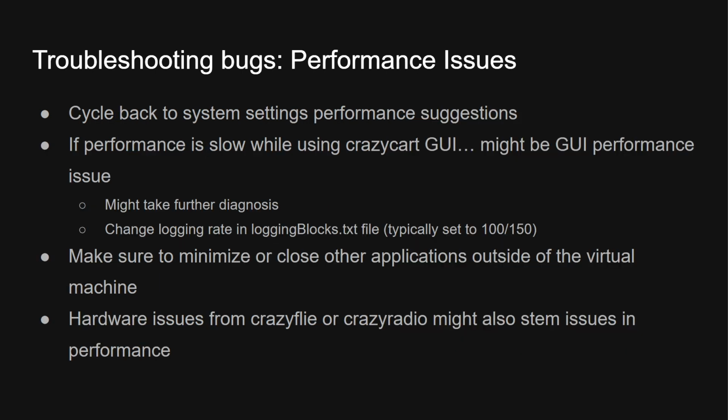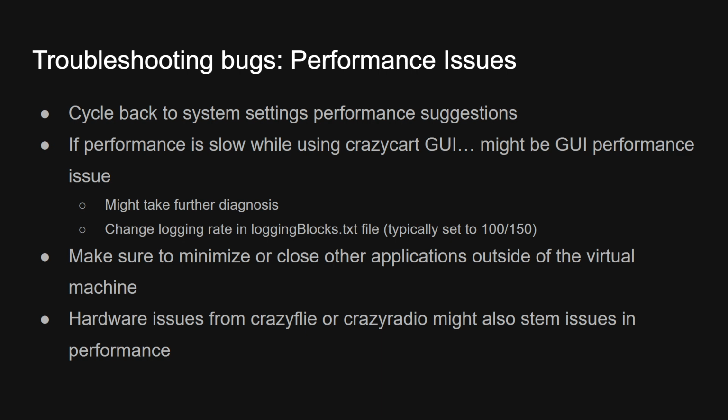And then lastly, to talk a little bit more about performance issues. Obviously you want to go back and double check that the system settings are updated and up to your liking, so maxing everything out. And if performance is typically slow for the Crazyflie Cart GUI, it might be something with the logging blocks file. It might be something with the software, but a good way to check if it's something from the logging blocks is going into that file.